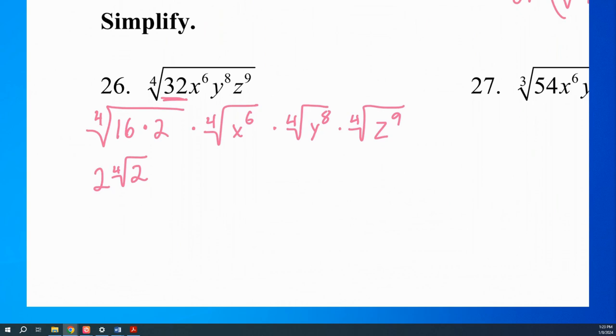Okay, now again, we're thinking exponent over index. Well, actually, I'm going to write it differently. Okay, what is the highest something to the 4th that I can take out of x to the 6th? X to the what?